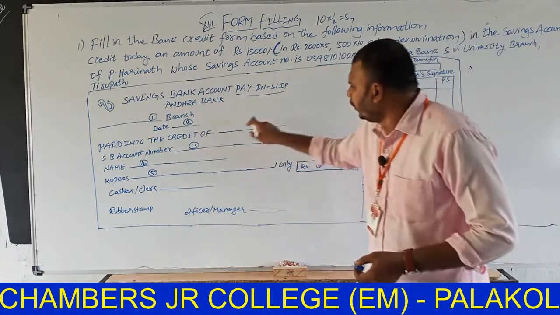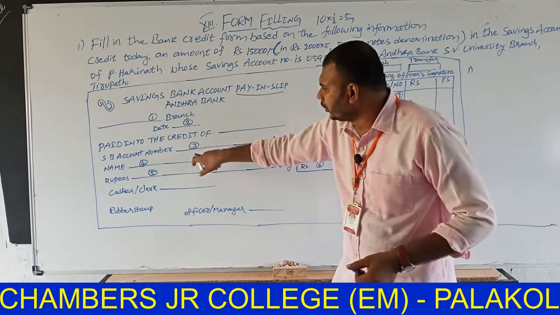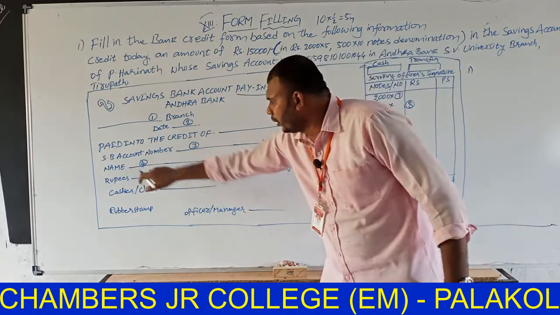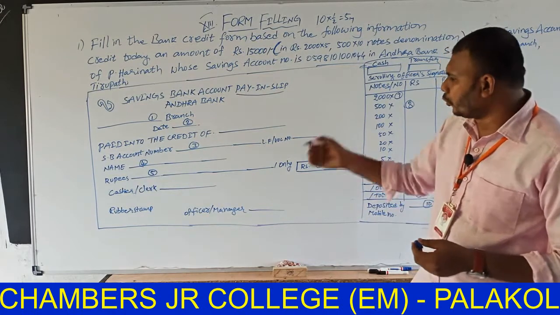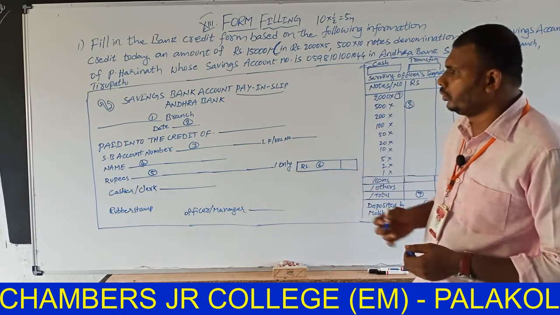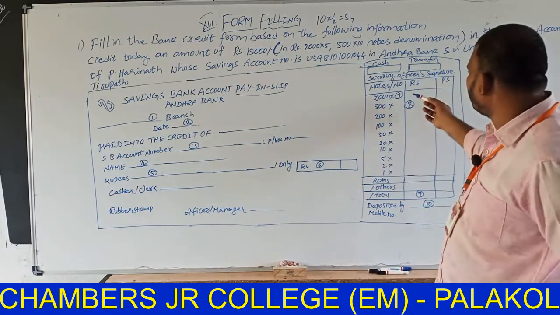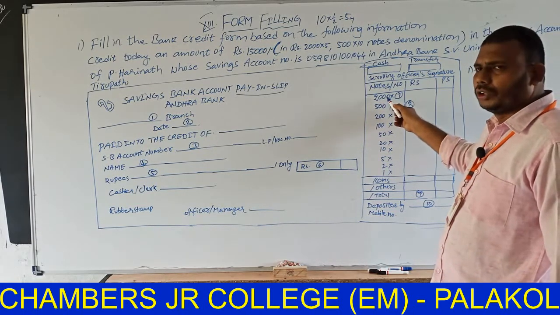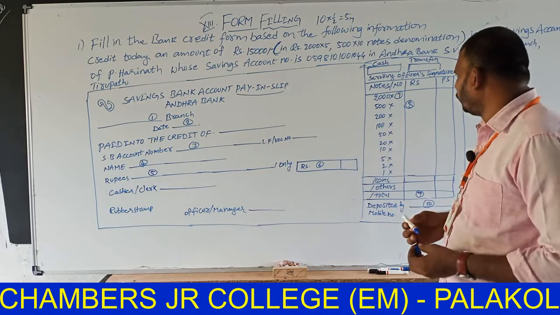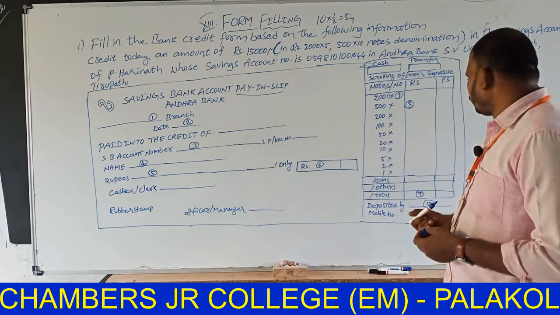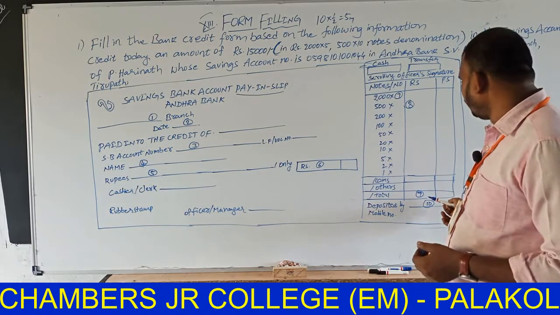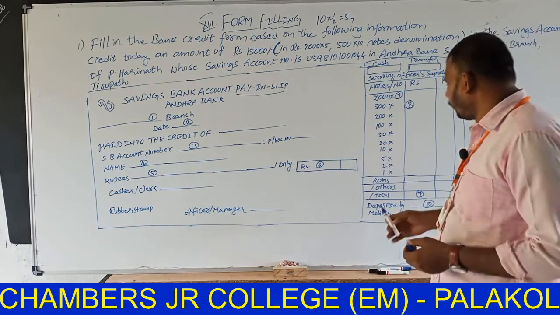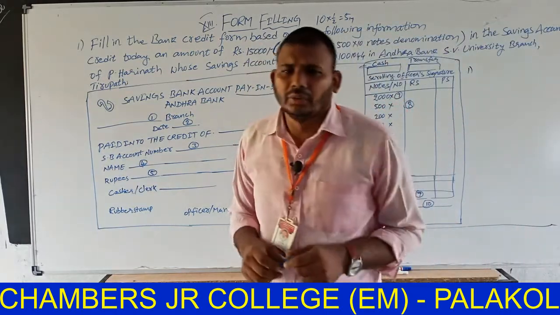The blank is left empty, and the third number is given as the account number, and the fourth number is given against name, and the fifth number is given against rupees, and the sixth number is given in this box RS, and the seventh number is given in the denomination table, one before the 2000 notes, and the eighth number is given against 500, and the number 9 is given against total, and here the number 10 is given against deposited. So thus the numbers are given.